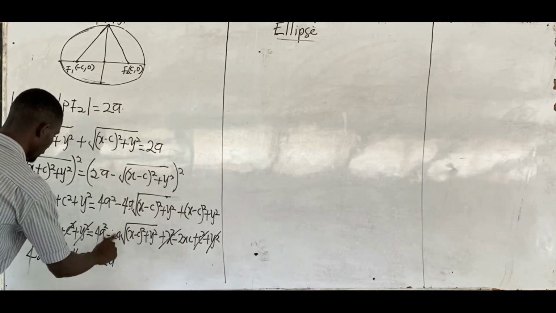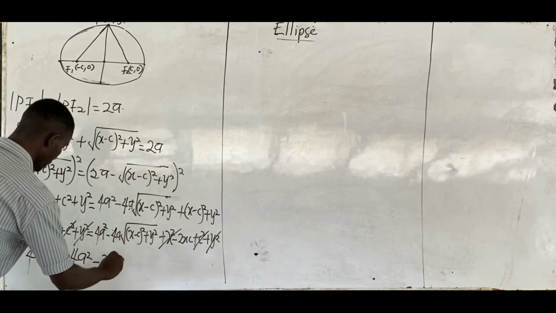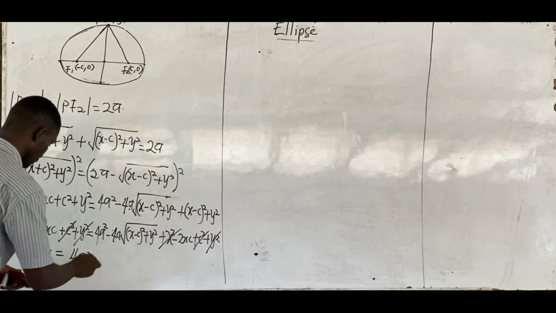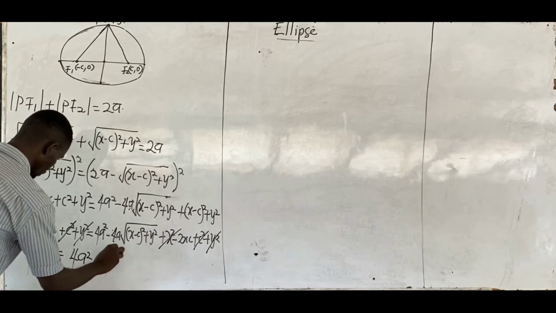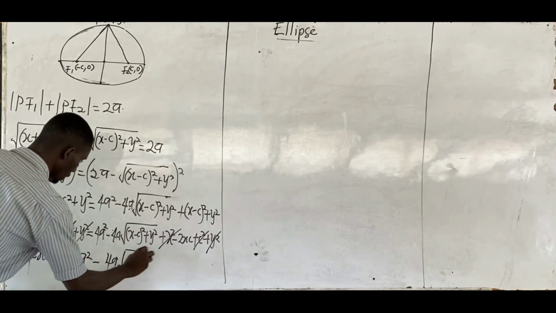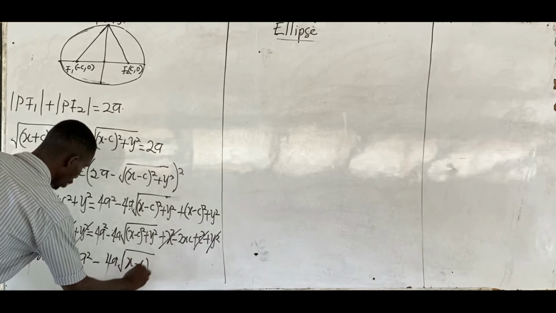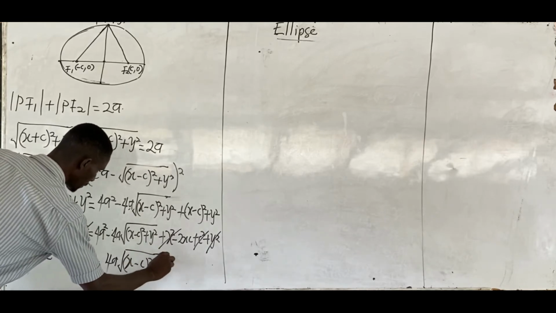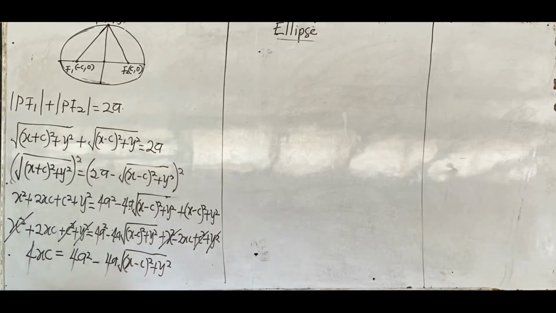Here should be 4a minus 4a square root of x minus c all squared plus y squared. This is what we have.